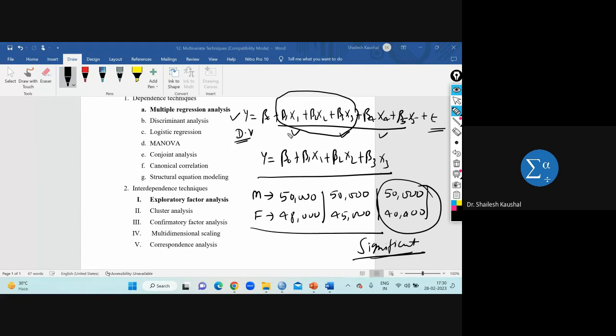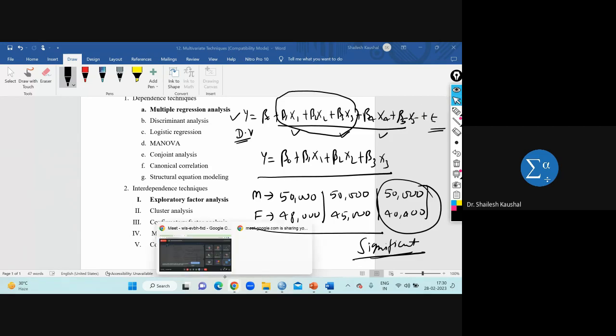So in a dependence technique, we can test our hypothesis, and we can also check how many independent variables are significantly contributing to the dependent variable. And the condition in multiple regression analysis is that all the variables, whether dependent or independent, should be metric. Basically there are two types of variables, metric and non-metric data.